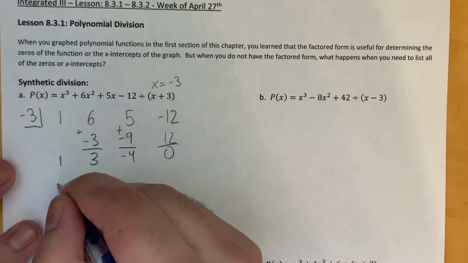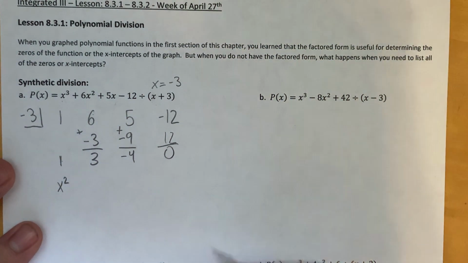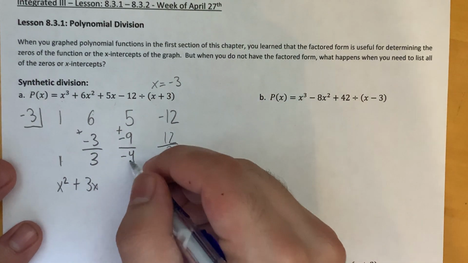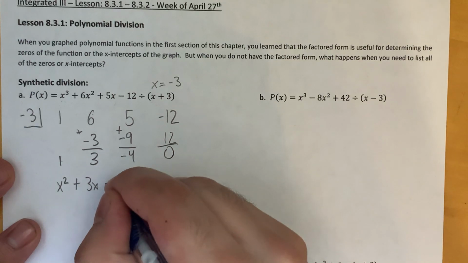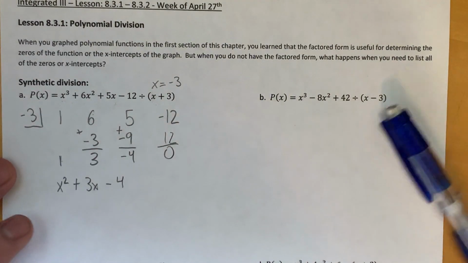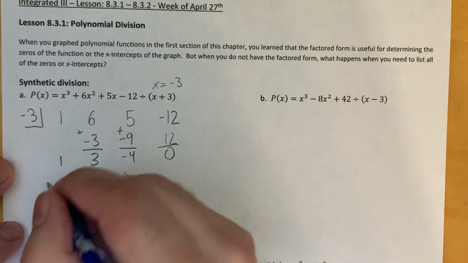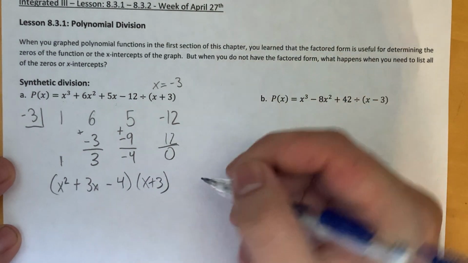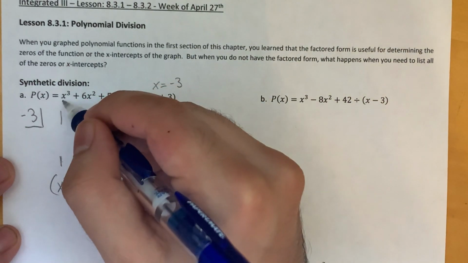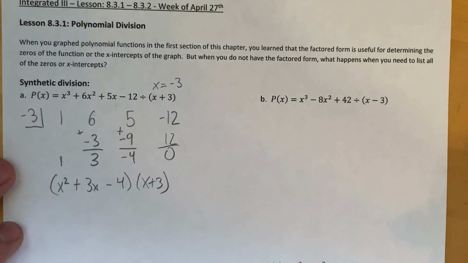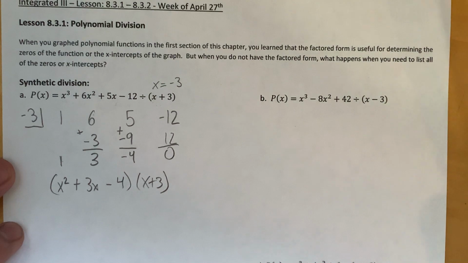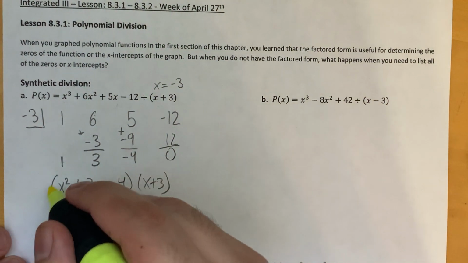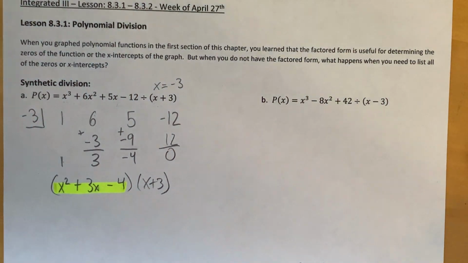So the 1 becomes your x squared value, and then since 3 is positive 3x, that becomes your x value, and negative 4 becomes your constant, minus 4. And that, if multiplied by x plus 3, gives you the original polynomial function. So your answer would just be that.